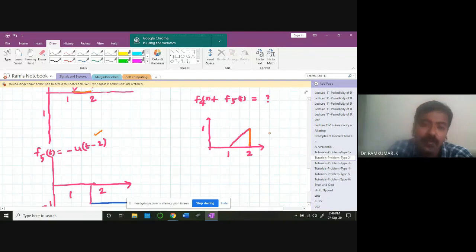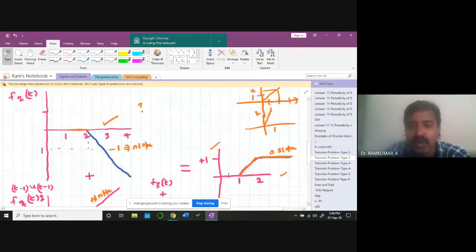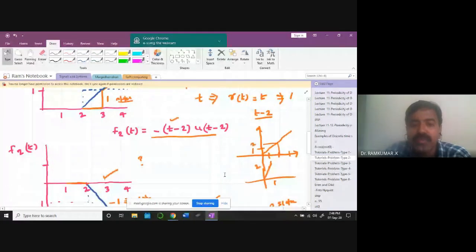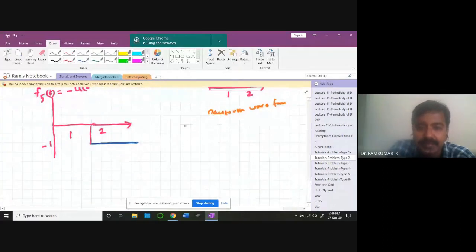And I've generated more like a sawtooth wave. This is very useful in some electronic circuit analysis. So I have generated a sawtooth waveform by a combination of ramp and step. Okay, that's the idea. Ramp plus step.